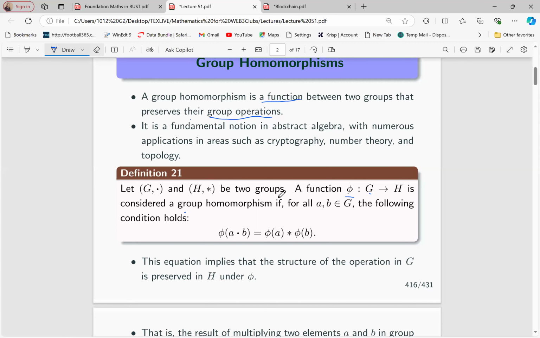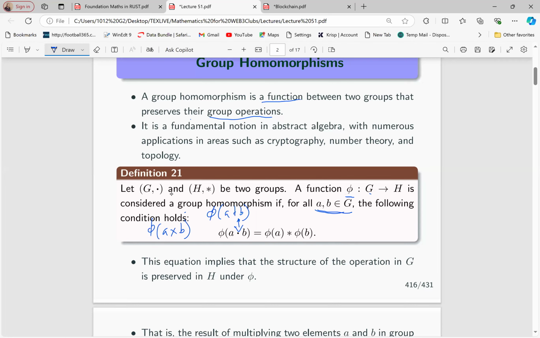And phi will be considered to be a homomorphism if for any two elements in G, phi of A times B. So remember that this could be either addition or multiplication. If it's addition, then we are talking of phi of A plus B. But if it's multiplication, again, we'll be talking of phi of A times B.